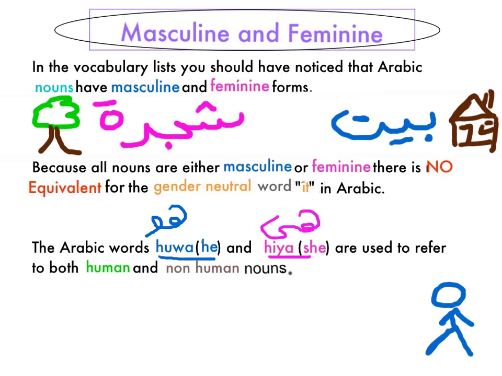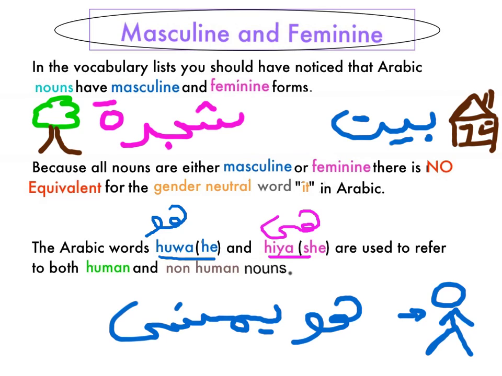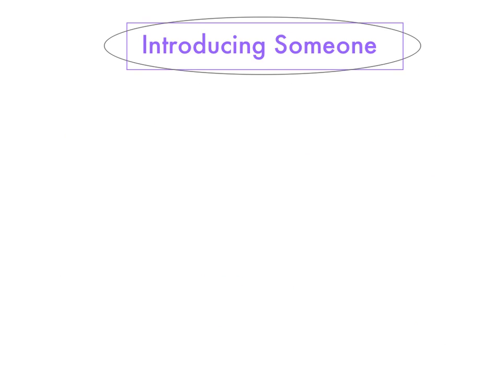For human, for instance, if you want to say he's walking, we say huwa yamshi, and we use huwa, which means he. So here you saw examples of both using huwa and hiya for both human and non-human nouns.